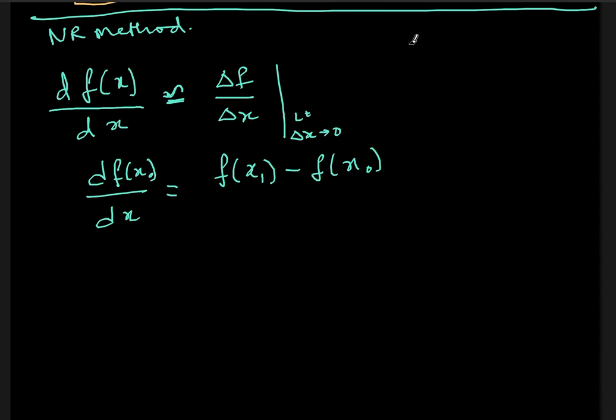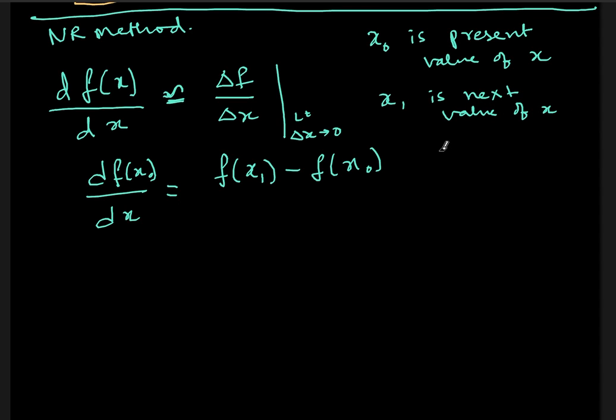Here x0 is the present value of x, and x1 is the next value of x. So x2, x3 could be subsequent values of x.